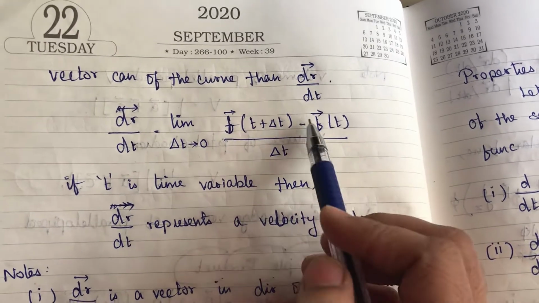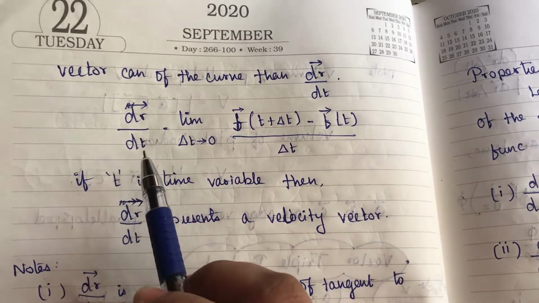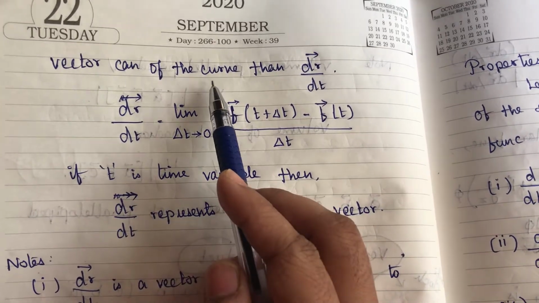So this is the main thing: dr vector by dt is nothing but the vector of the curve.